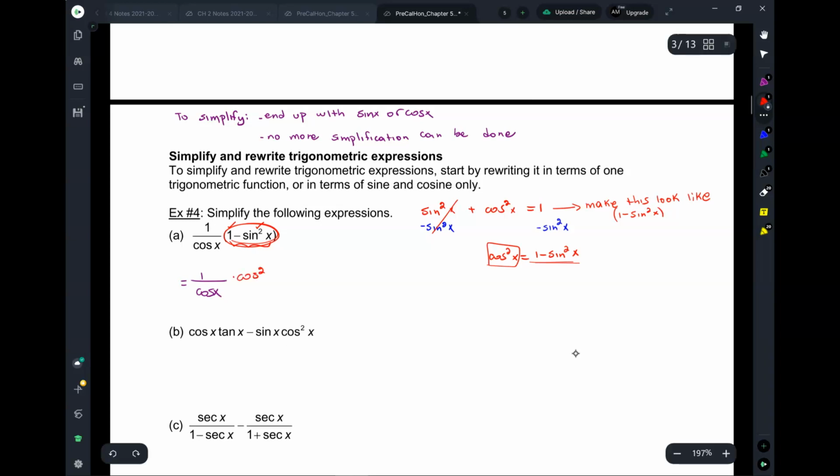Yep, I can. And now I have 2 cosines in the numerator, 1 in the denominator. It's like having x squared over x. You can cancel 1 from the top and 1 from the bottom. So you just end with cosine x. Isn't that lovely?